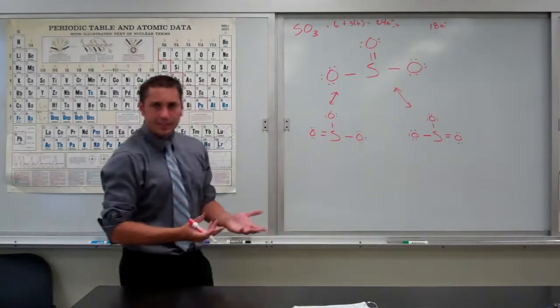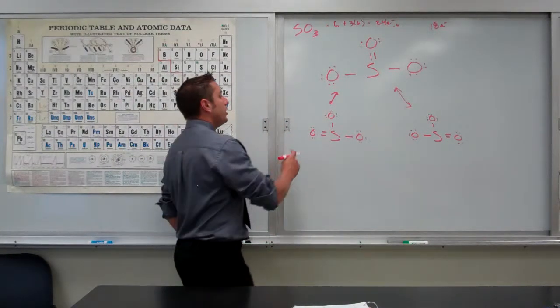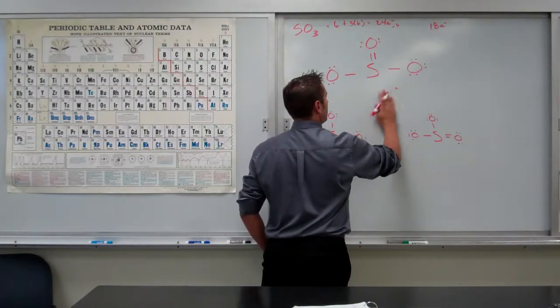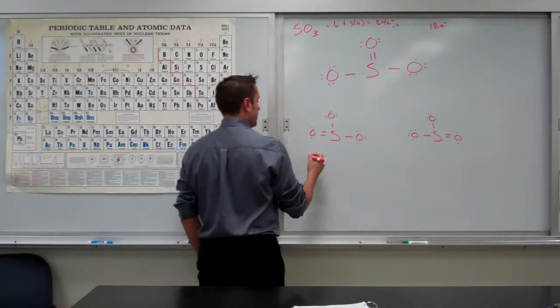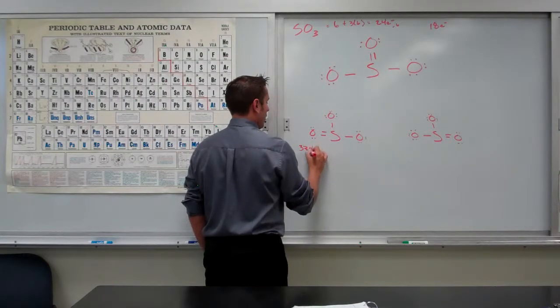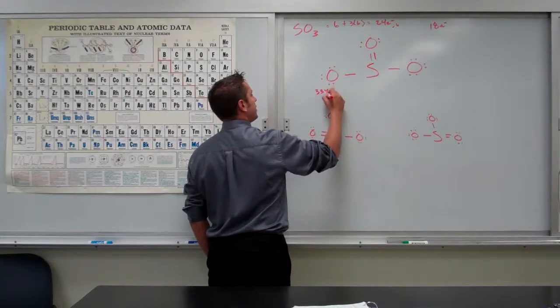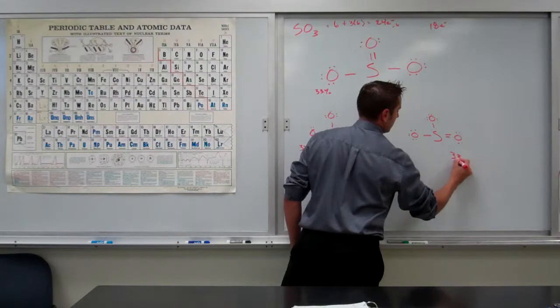No brackets needed this time. It's not a polyatomic ion, but we do still have 3 different structures. Because there's 3 structures, roughly a third of each of these will exist.